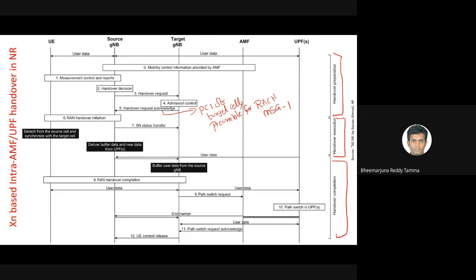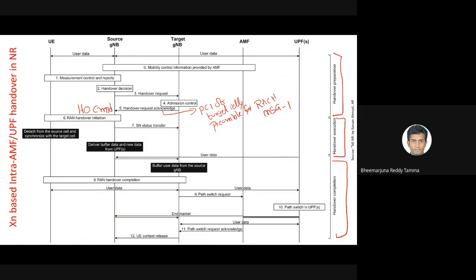So we don't have to ask the user equipment to go and start listening to the SS block and then to SIB1, SIB2 and other things. Whatever is needed for it to quickly get started is conveyed from target gNodeB to the source gNodeB. The source gNodeB in turn forwards that message as the handover command, which is nothing but the RRC reconfiguration message.